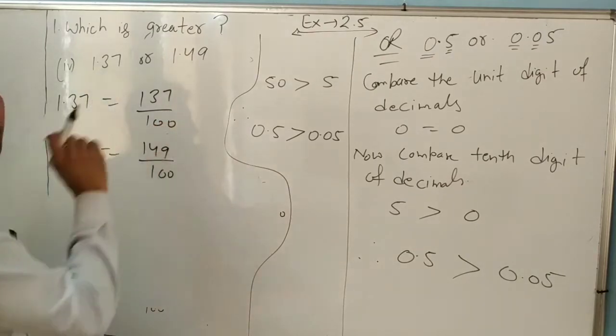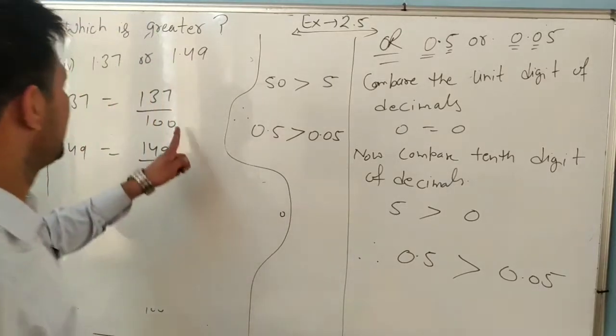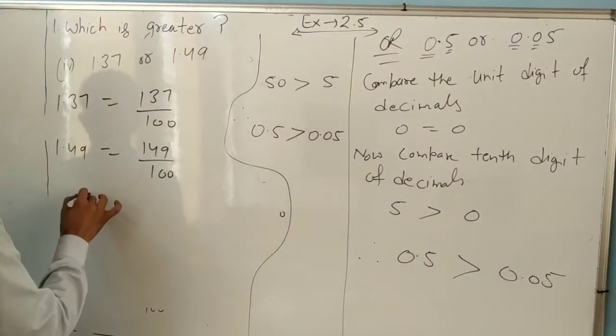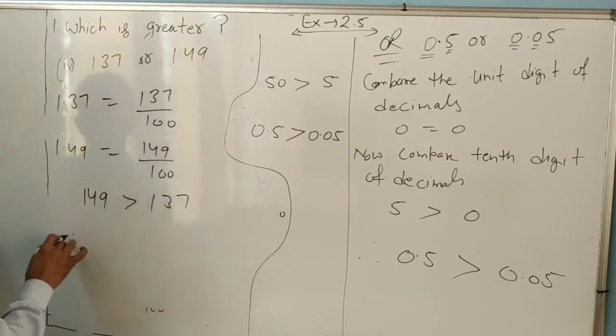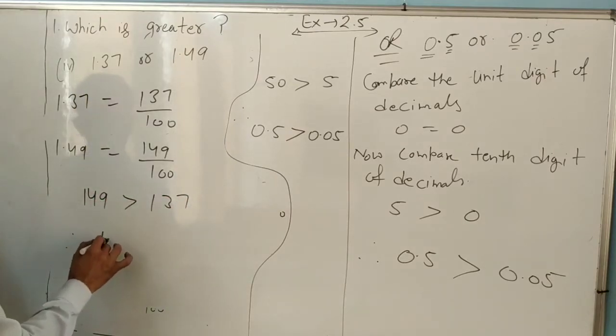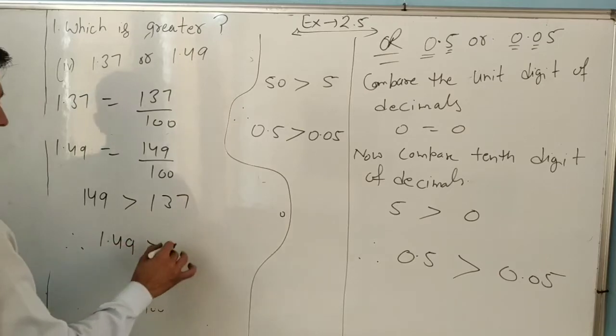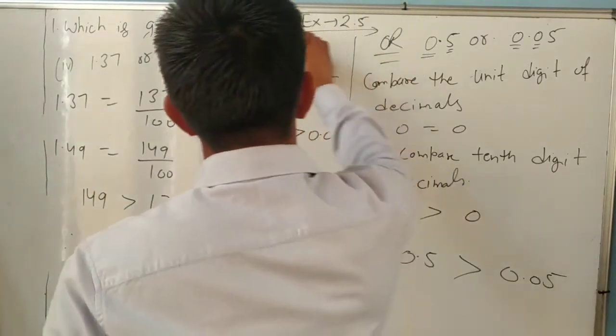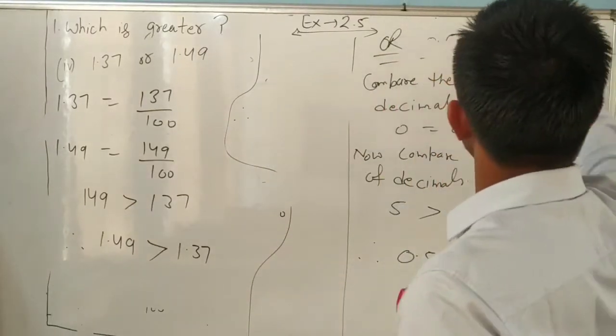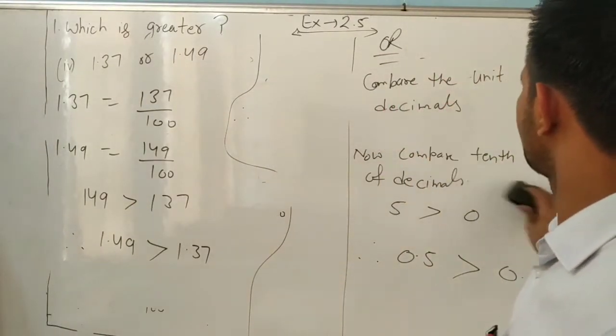They are already like fractions, with denominator 100. So you can write 149 is greater than 137. Therefore 1.49 is greater than 1.37. You can do it by this method also. What will we do?